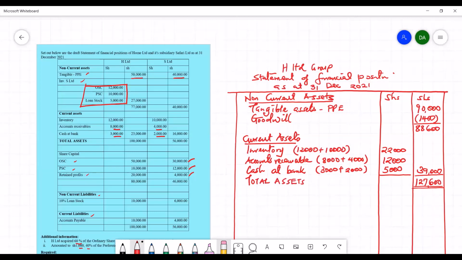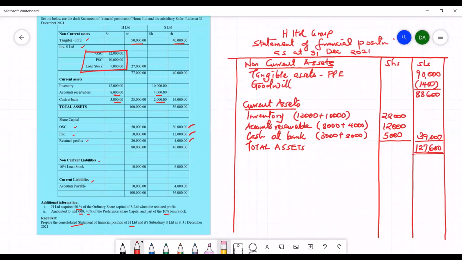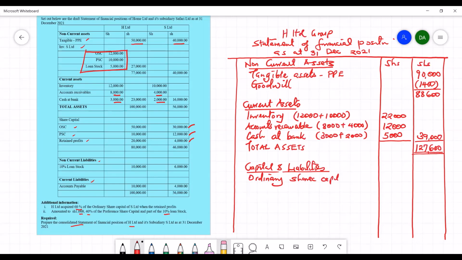Now let us go to the capital part of it. When we go to the capital area, this is capital and liabilities, beginning with ordinary share capital.